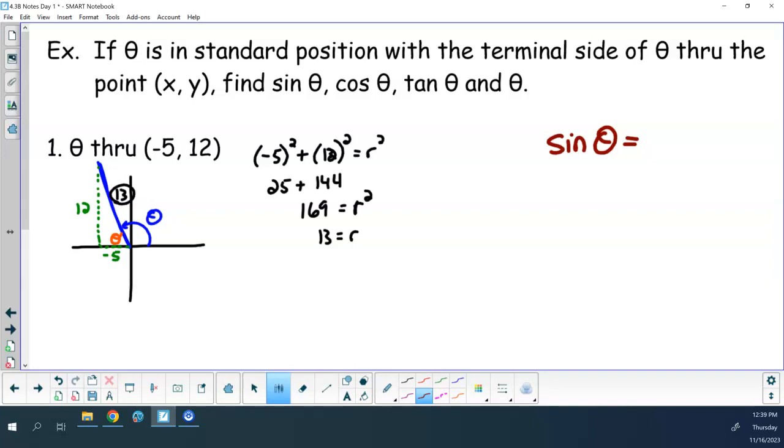So, of my theta, what would the sine of my theta be? Sine of my theta would be 12 over 13? Do we agree? We're in quadrant 2. Is sine positive in quadrant 2? Yes. So that would be 12 over 13.